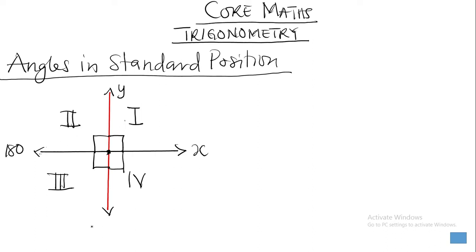This place will be 270 degrees, and then this place will be 360 degrees, because we are moving around 4 times. 90 plus 90 plus 90 plus 90 will give us 360. Here will be 90 degrees, and you can start from 0 degrees. I hope you are following. So the measure of an angle in a quadrant is 90 degrees.